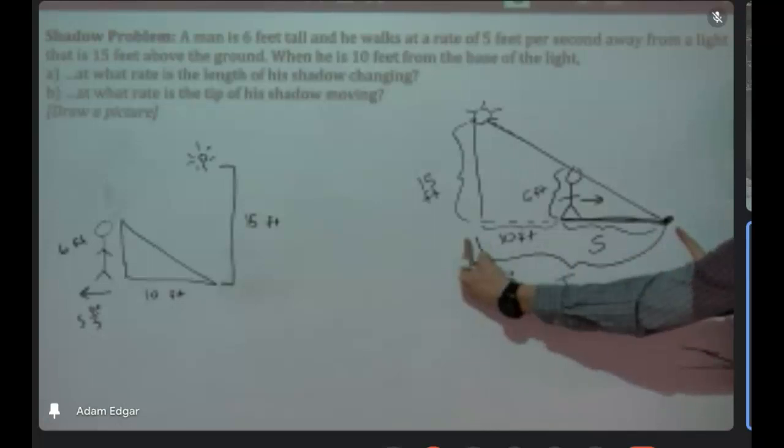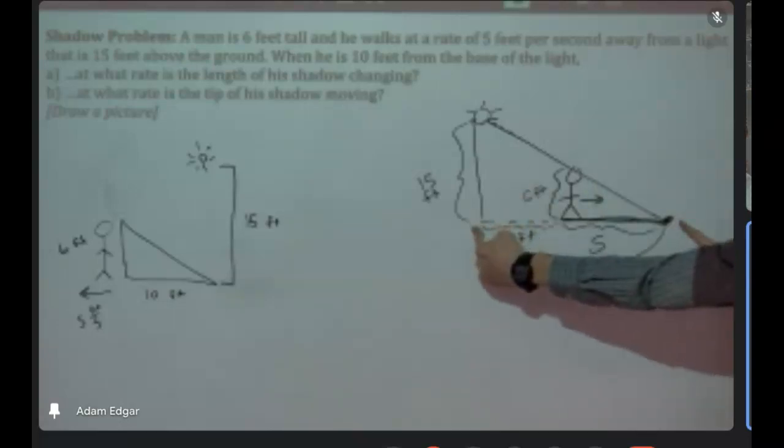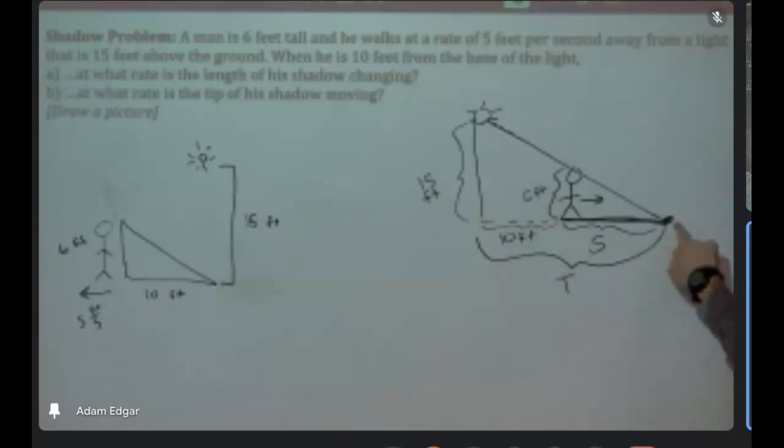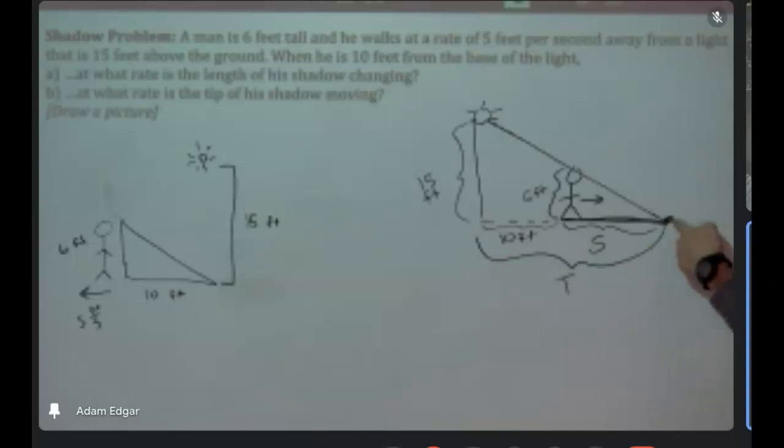Okay, so you wouldn't use trig for B. Nope, no trig. So all of this is just going to be proportions. It's going to be ratios. So when the tip of the shadow moves, the tip of the shadow all the way back to the lamp is this big distance T, and that distance is going to change exactly the same as how the tip of the shadow moves.